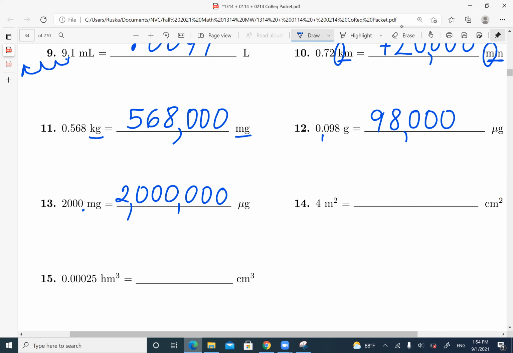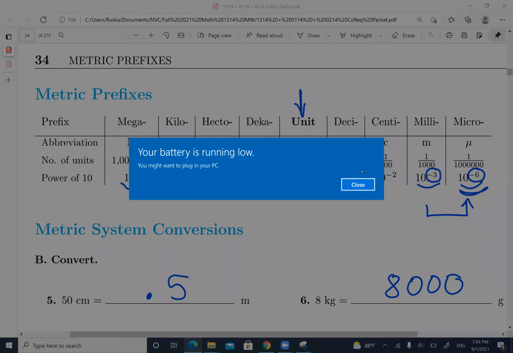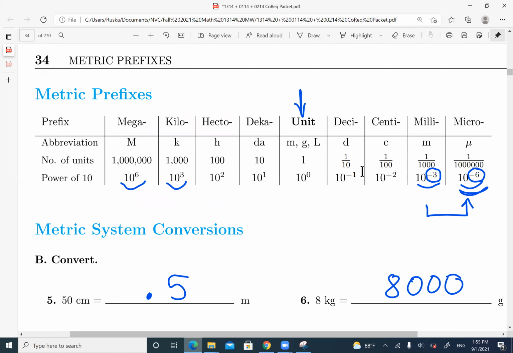Now, when you do square or cubic units, you have to do it 2 times or 3 times. So what that means, from meter to centimeter, let's see how many steps you have. So from meter to centimeter, how many steps? 2.